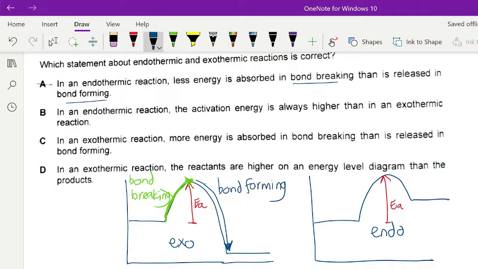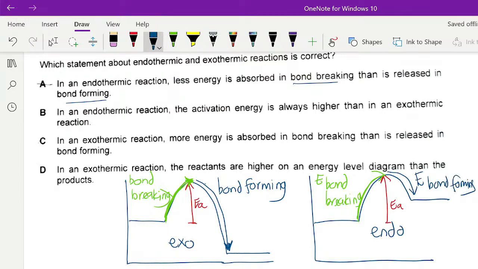In exothermic, the energy absorbed in bond breaking is less than the energy released during bond forming, whereas endo is the other way around. Endothermic reaction is where the energy absorbed for bond breaking is more than the energy released during bond forming.